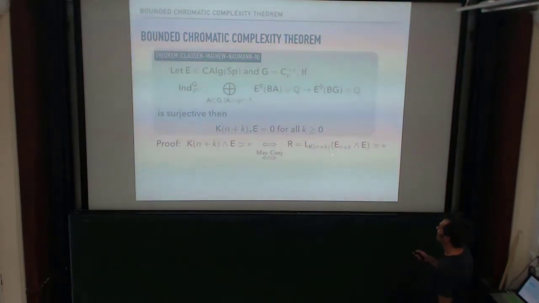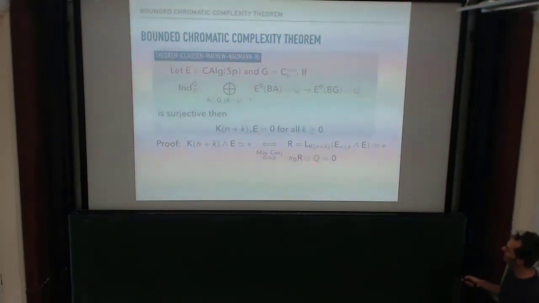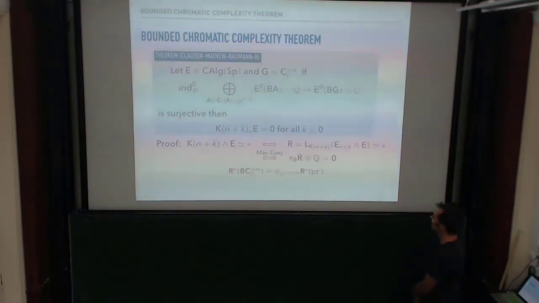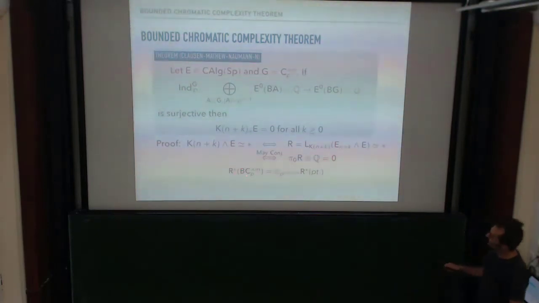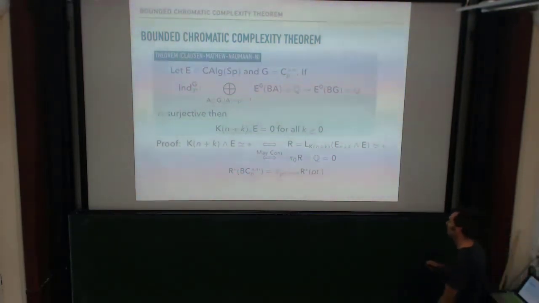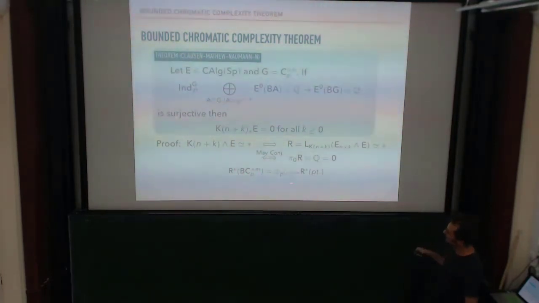Now, to show that this is 0, by the May conjecture, I just have to show pi naught of this is rationally 0. How do I get at that? Again, we reduce problems to Lubin-Tate theory. So this is a much easier object to understand. When I look at the R-cohomology of BC_p to the m, this abelian group, it's always a free module over this point.